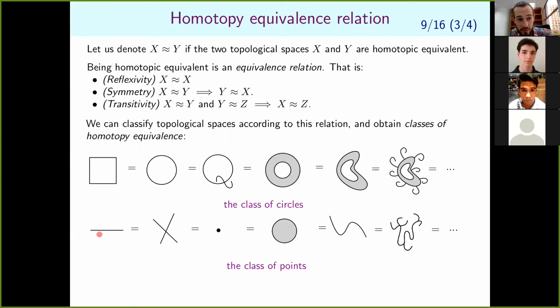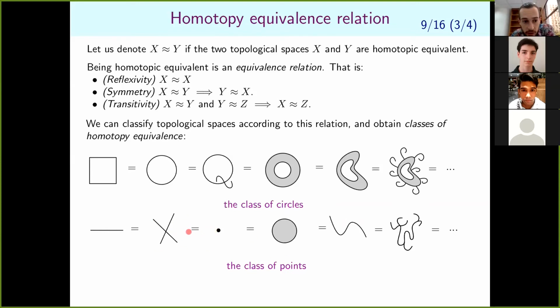So for instance, the line is homotopy equivalent to the point. We've seen before that the Euclidean spaces Rn are all homotopy equivalent to the point. So in this class, you have all the spaces Rn, but you also have the cross.